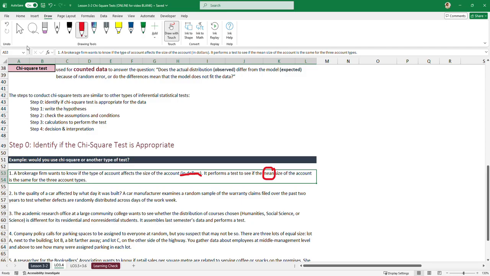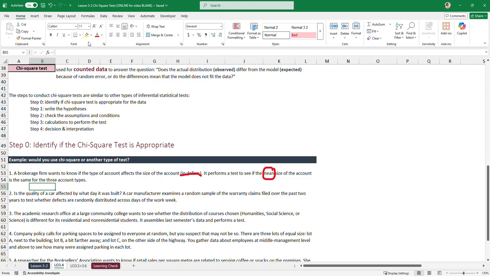When you're dealing with quantitative data like dollars and calculating means, that's either going to be a t-test if you have 2 groups or an ANOVA if you have 3 groups. This one clearly says we want to see if there's a difference in the mean size of the accounts for 3 different account types. The 3 different account types would mean 3 groups.